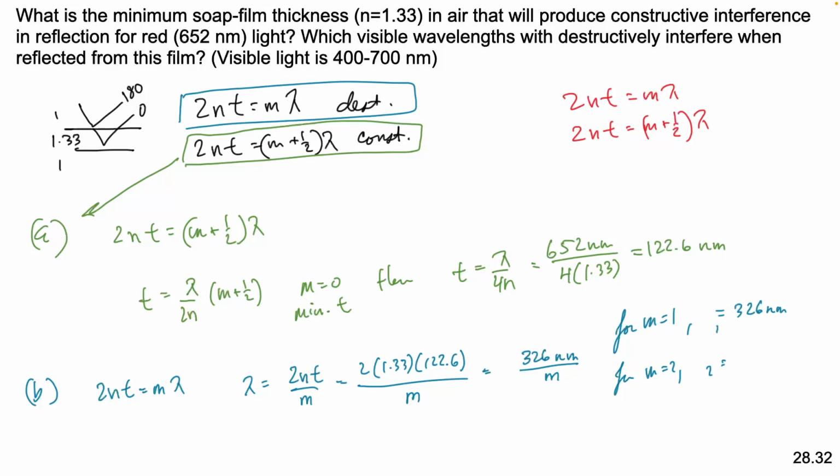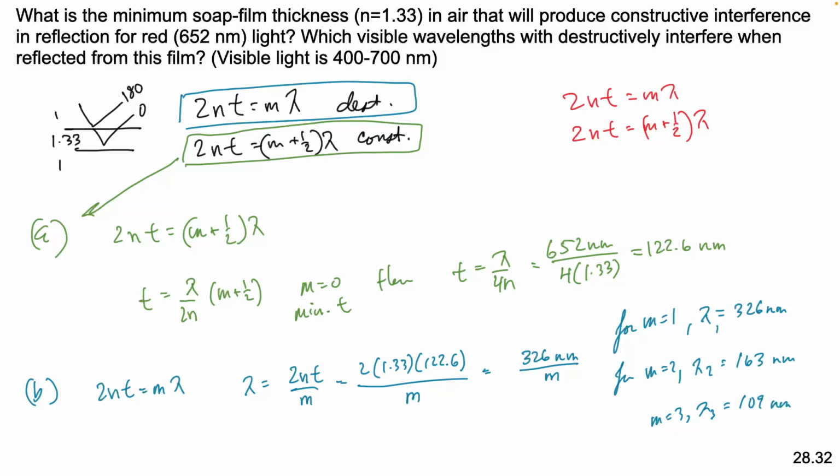Thank you, lambda 2 is 163, yes, that's the answer. And for m equals 3, it's getting smaller. Now the visible portion of the spectrum.